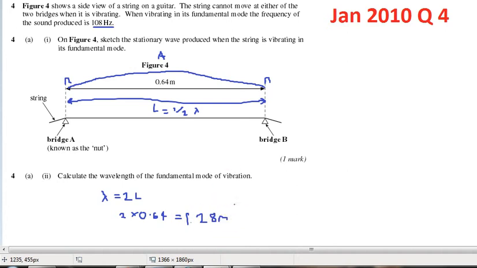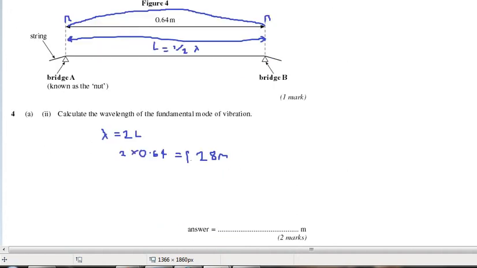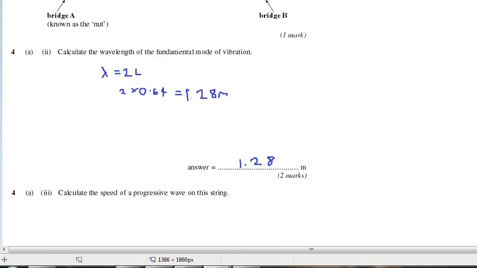So that's all that you have to do for that part of the question. Remember that in the fundamental mode, you only get half a wavelength on your string. And so to get the full wavelength, we need to double the length of the string to give us our 1.28 meters.